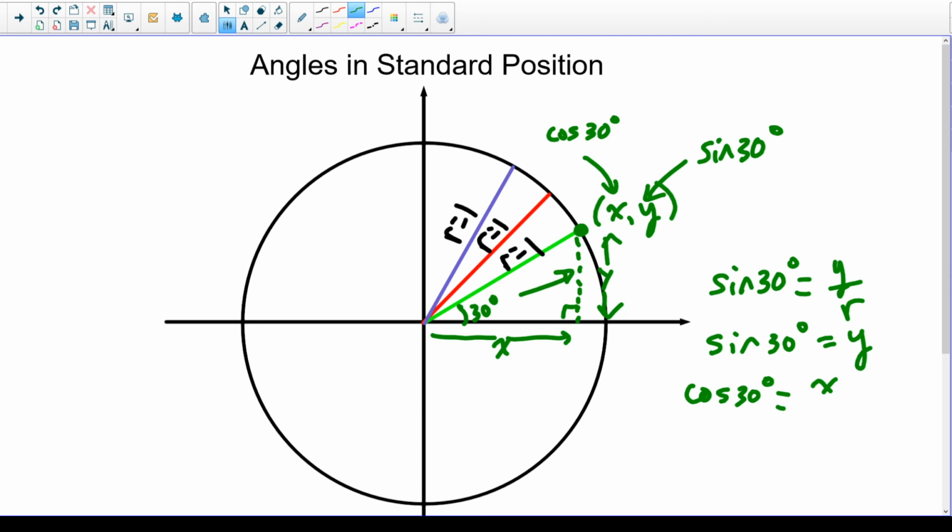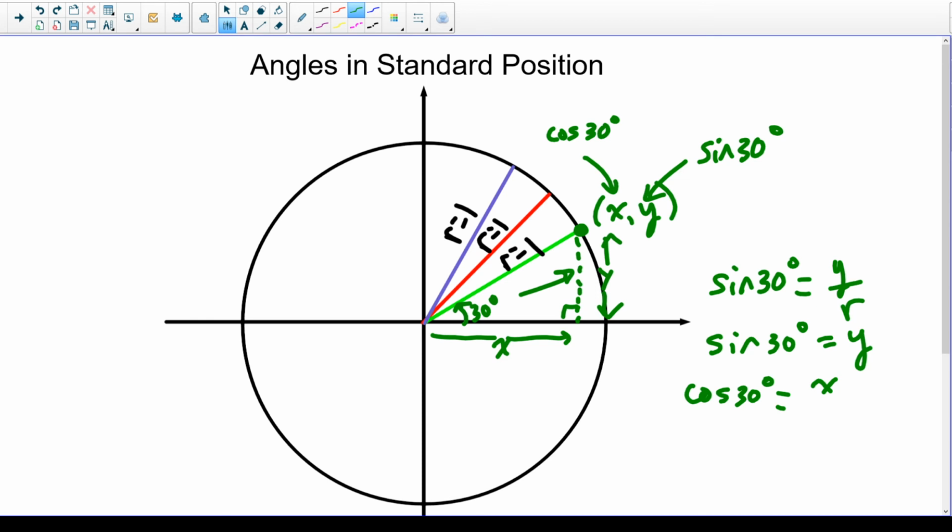Now, one thing about this circle, which might throw a few students off, is that angles are always measured from the x-axis going counterclockwise on that circle. Okay? And that is a little bit counterintuitive, especially if you've ever done any type of orienteering. Orienteering is going out in the bush with a compass and a map, trying to find your way.